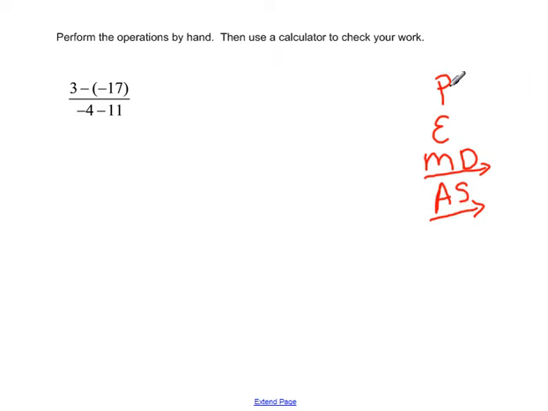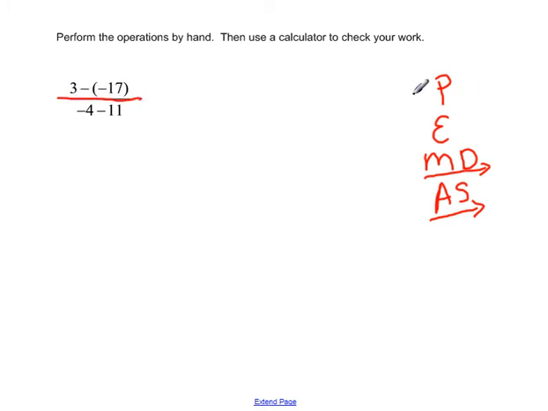So parentheses, do we have parentheses? Well, we have one set of parentheses up here in the numerator, but notice I can't do anything inside those parentheses. Now keep in mind, something that doesn't look like a parenthesis but also works as a grouping symbol is this fraction bar.